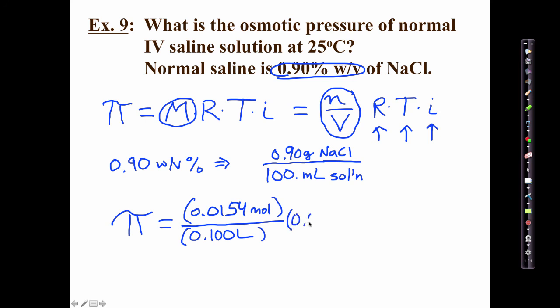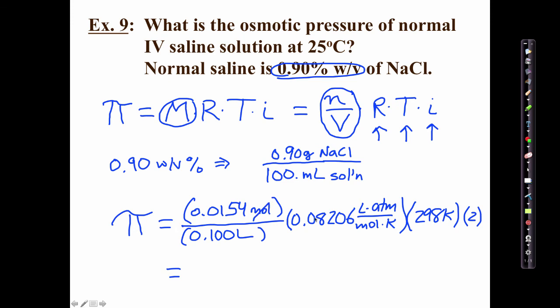R is 0.08206 liter atmospheres per mole Kelvin. 25 degrees Celsius is 298 Kelvin. And then i, of course, is 2.